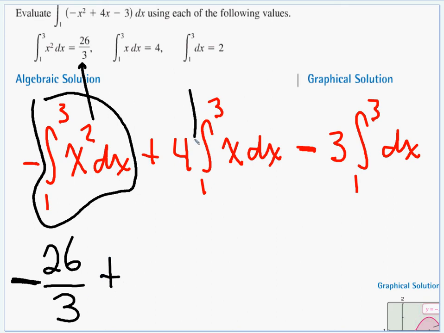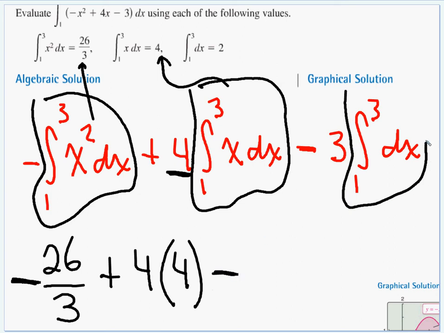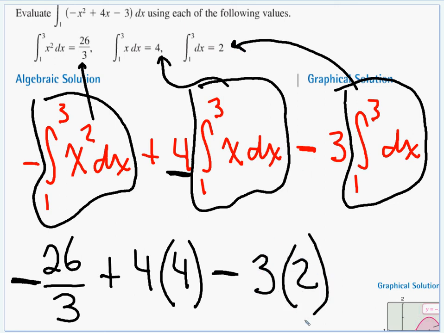Plus this that I'm blocking off is going to be replaced with a 4. But don't lose track, we have this 4 out here, so that 4 that we factored out is going to be multiplied by the 4 that we replaced the integral with. Minus this integral 1 to 3 of dx is going to be replaced with a 2. So we've got a minus 3 times that 2.